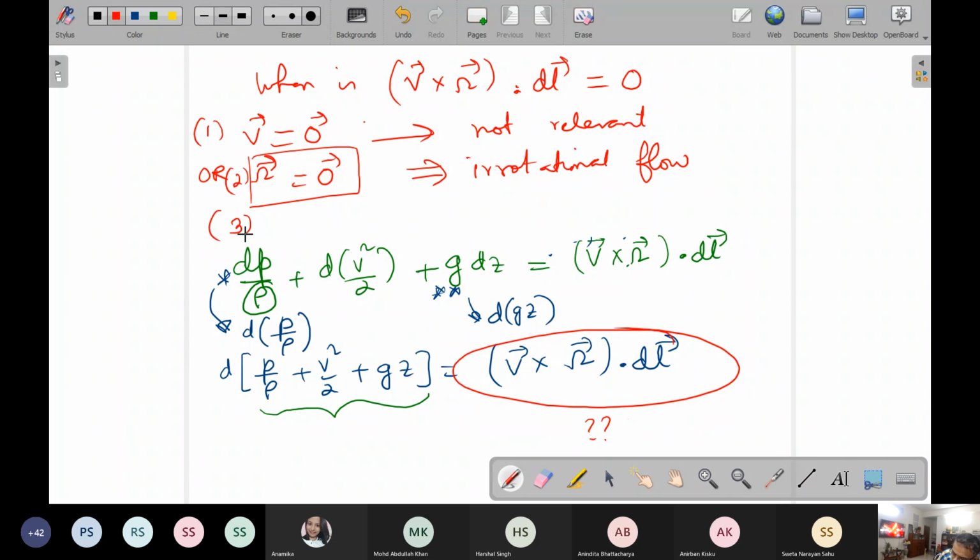The third one: remember when we have A cross B dot C, you have the corresponding determinant expression.